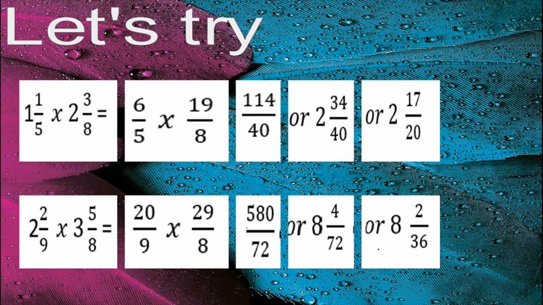So that's how we multiply mixed numbers. Always remember, change first our mixed number into an improper fraction, and once we find the answer, change that improper fraction into a mixed number.